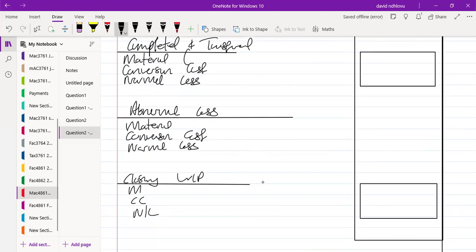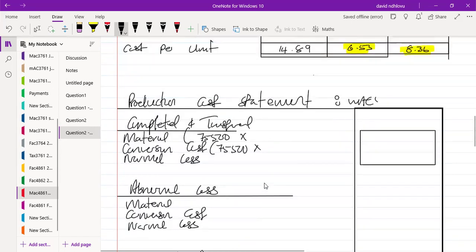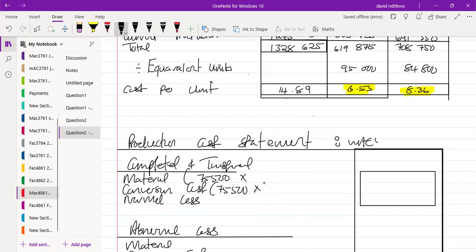So 75,500 is the units, multiplied by the cost per unit, which you get from here, which is 6.83 and 8.36. And then for the completed units, you also allocate normal loss.